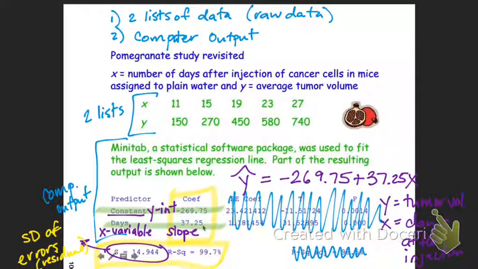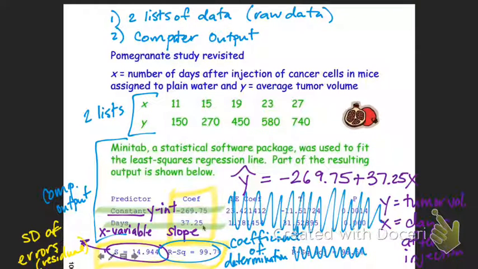And then your r squared is your coefficient of determination, which is actually your correlation coefficient squared.